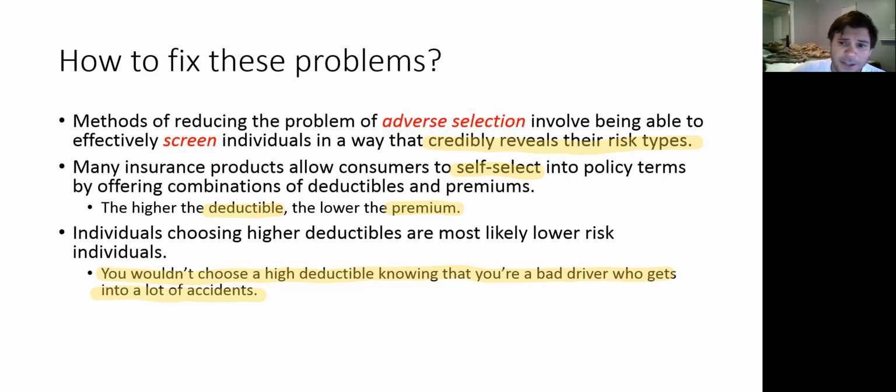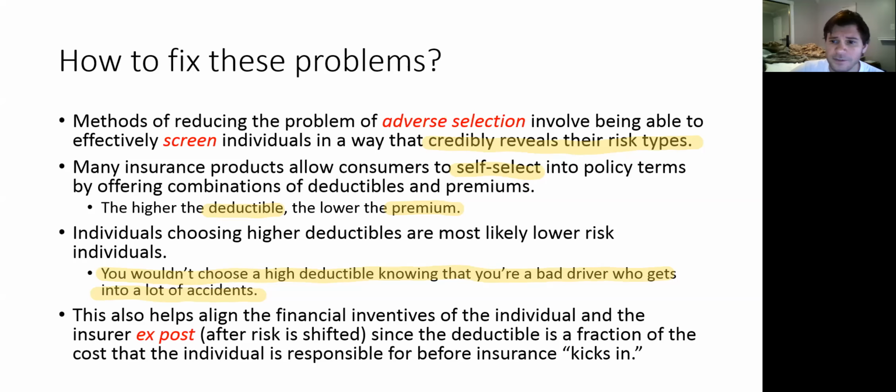Again, another thing the deductible does is it helps align the financial incentives of the individual and the insurer ex post, after risk has been shifted, since the deductible is a fraction of the cost that the individual is responsible for before insurance kicks in. So if you have a deductible, that means when you crash, both you and the insurance company have to pay some money, right?